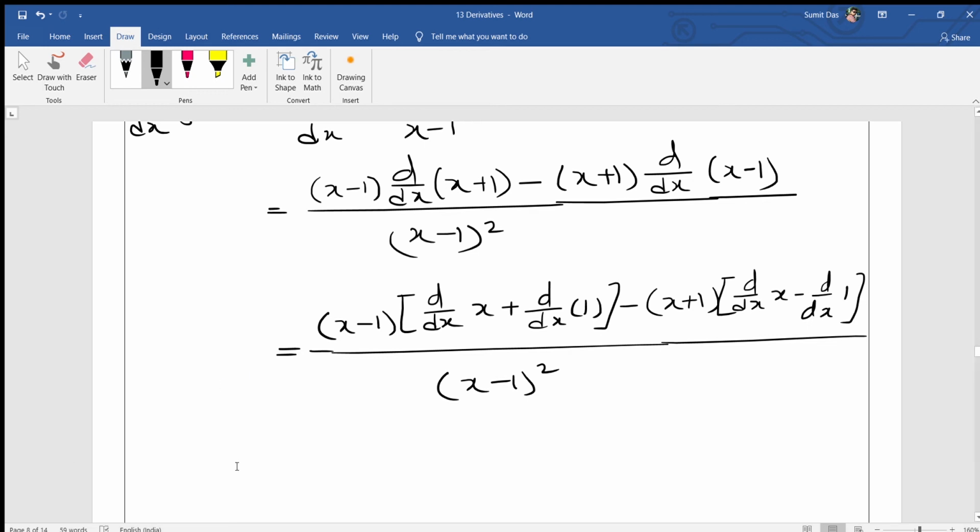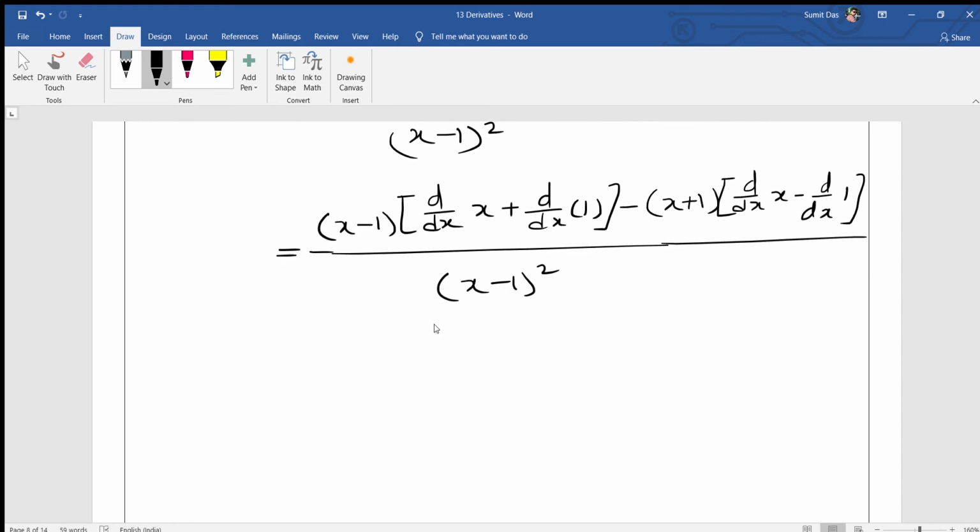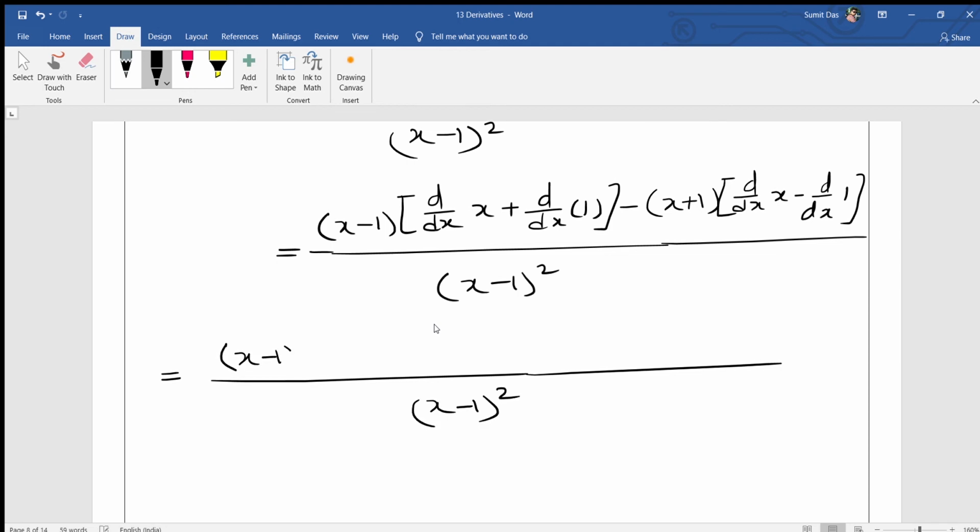I used to do it directly: d/dx of x is 1, d/dx of 1 is 0, so in brackets I write 1 + 0. d/dx of any constant is 0. So (x + 1), and here the same, d/dx of x is 1, minus 0.